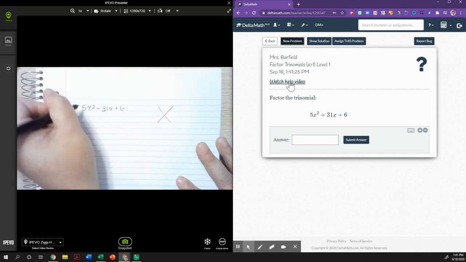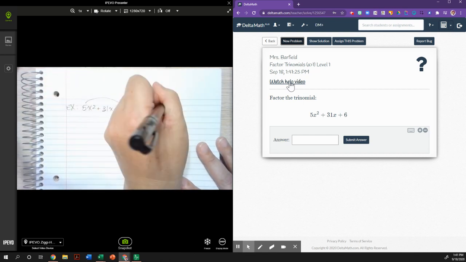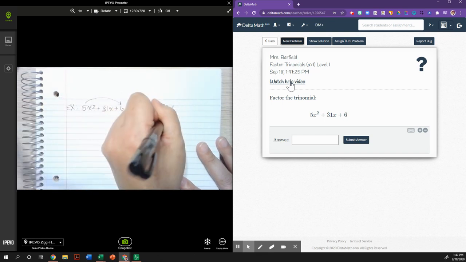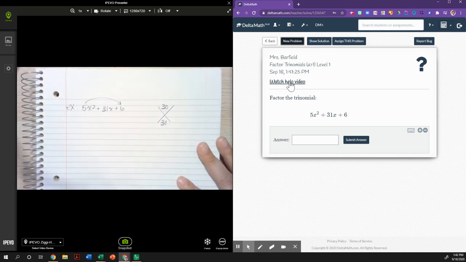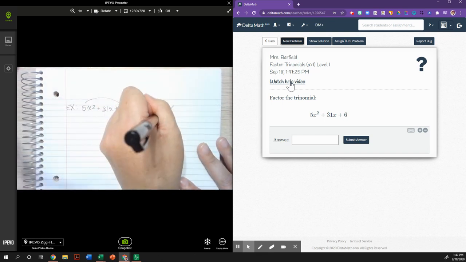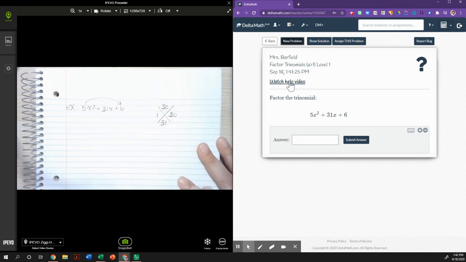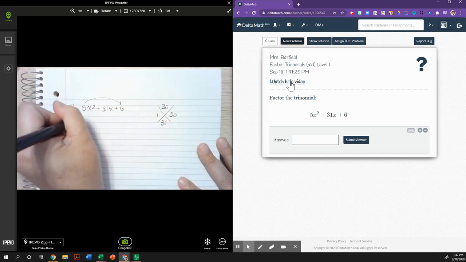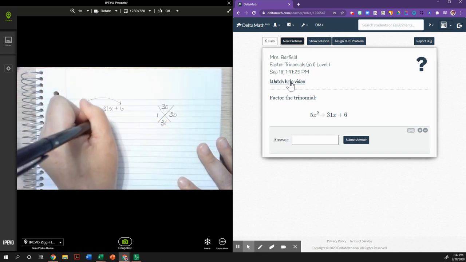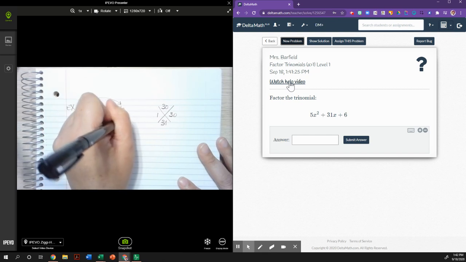So my X puzzle is 5 times 6, which is 30, and 31. Well, that's 1 and 30. Because 1 times 30 is 30, and 1 plus 30 is 31. So x plus 1 times x plus 30.